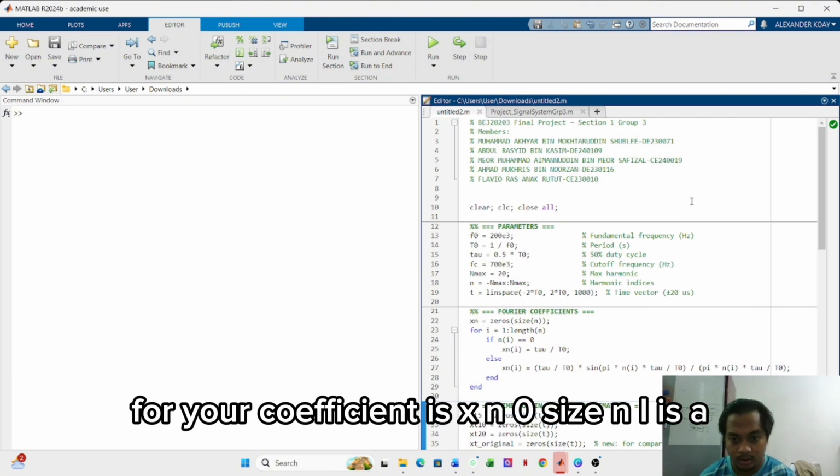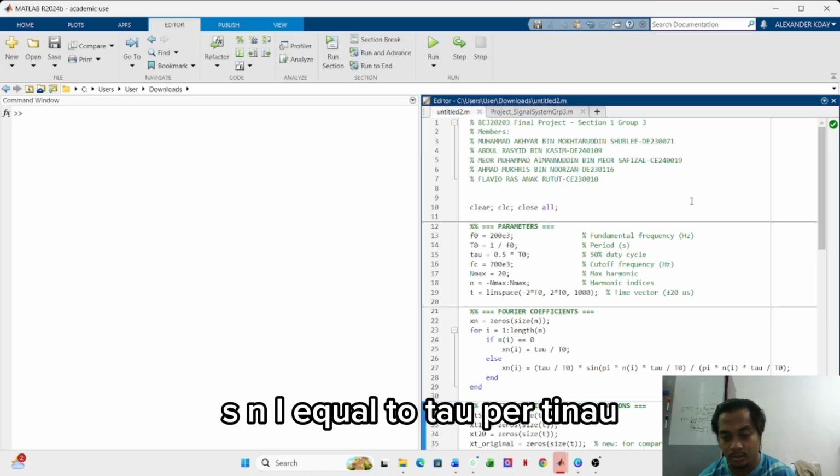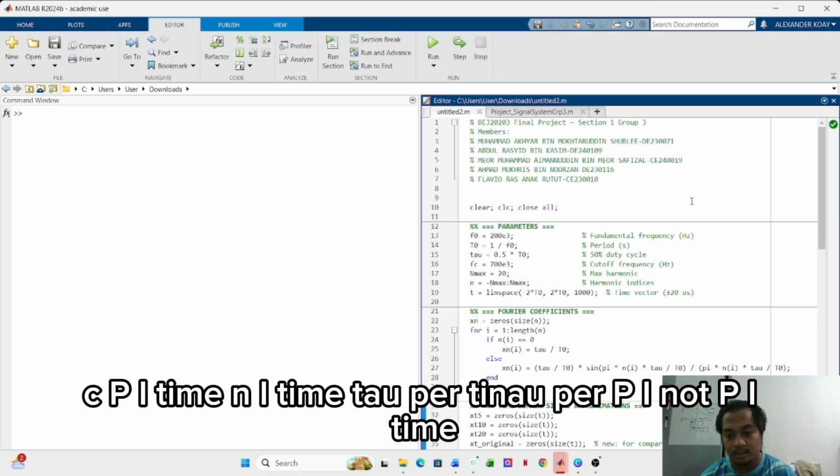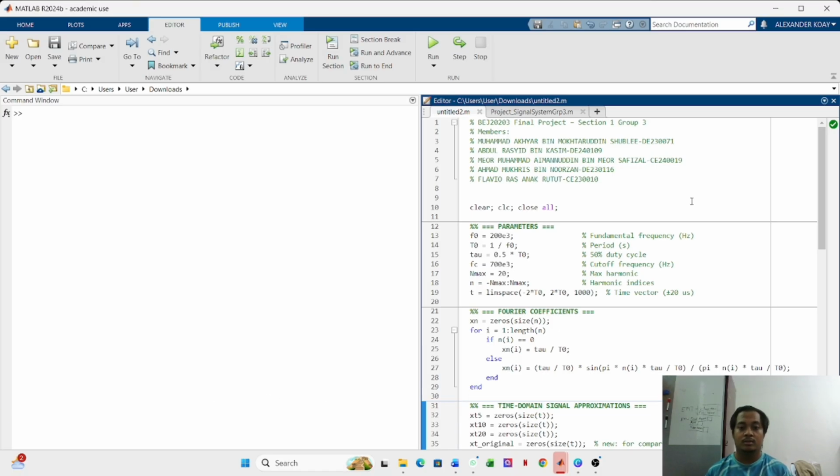Okay, for the Fourier coefficient, Sn is zero-sized, and for n equal to 0, Sn equals tau over T0. Otherwise, Sn equals tau over T0 times sinc of n pi tau over T0.